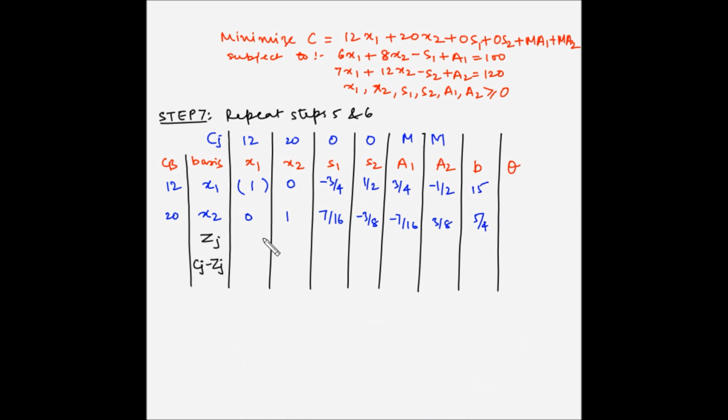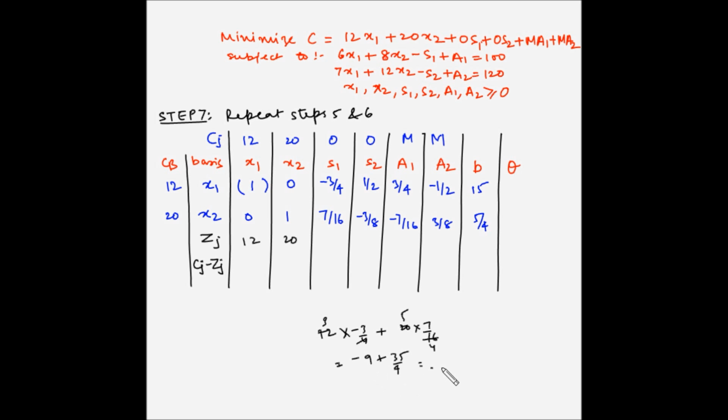Okay, so now that we have an improved solution, let us find the value of Zj. So 12 into 1 plus 20 into 0, which is 12. 12 into 0 plus 20 into 1, which is 20. 12 into minus 3 by 4 plus 20 into 7 by 16. 4 4s are 16, 4 5s are 20, 4 3s are 12, minus 9 plus 35 by 4.